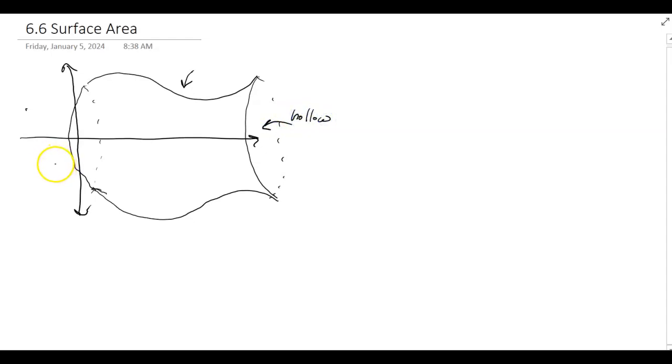So on both sides, you are only looking at from here to here and that revolution around. We're not looking at the area of the base to be included in that surface area, or the area of the other base. So that's an important concept to understand.